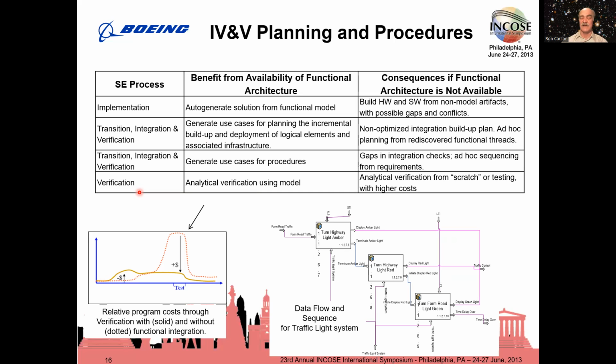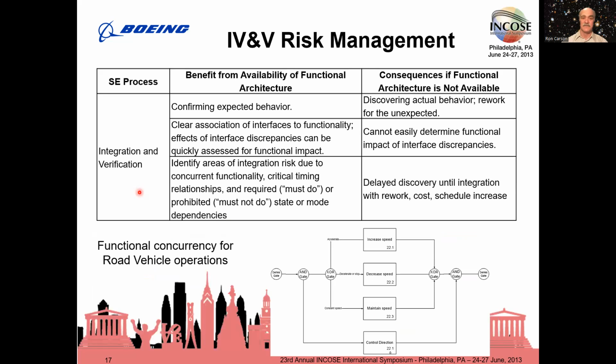And that's often a much lower cost to the program. So if we can prove the system satisfies its requirements, at least some of its requirements, by analysis, that's often cheaper. And if we've already built the analysis model in the functional architecture, there's really not much extra cost to simply exercising it in order to prove that the requirement is satisfied.